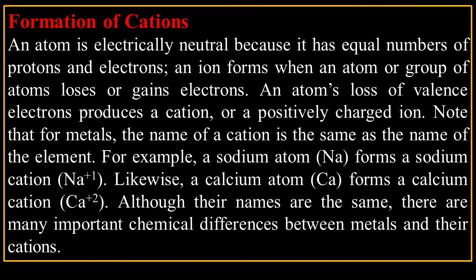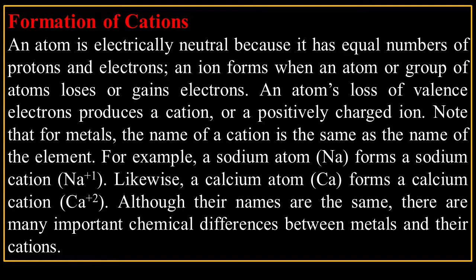An atom is electrically neutral because it has equal numbers of protons and electrons. An ion forms when an atom or group of atoms loses or gains electrons. An atom's loss of valence electrons produces a cation, or a positively charged ion.